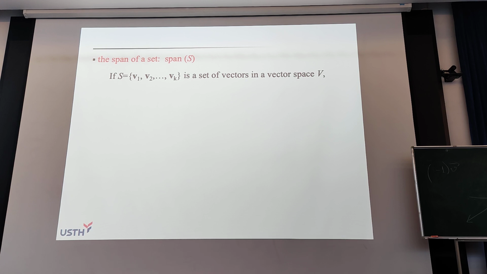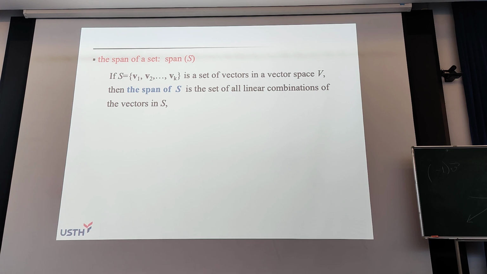Then we consider linear combinations of v1, v2 up to vk, and the set of all linear combinations of S will be called the span of S. Span of S is the set of all linear combinations of vectors inside S. That is the definition.